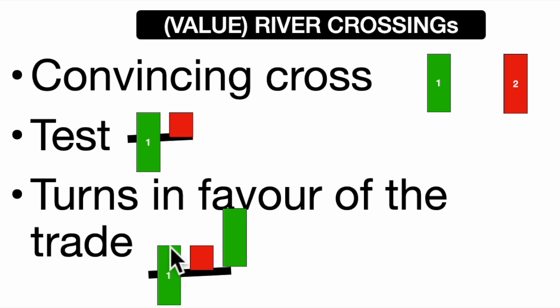So in this case, we're looking at possibilities of a trade upwards, and we need price to first of all test the river and then jump off in favor of it, and that's the trade. Okay, so as soon as that turns in favor of the trade, i.e. you get some green on that candlestick, that's your trade.